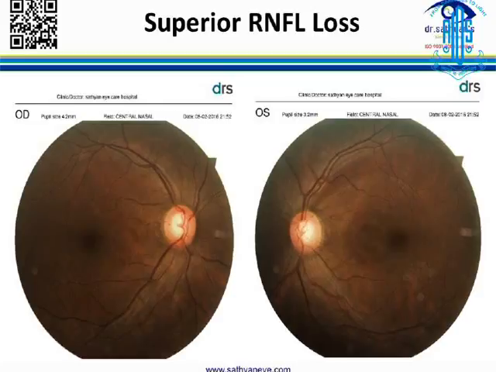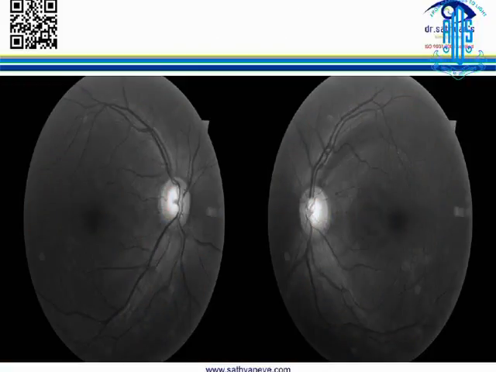You can see these beautiful pictures. And there's an RNFL loss here. I'm not able to see this and this both because both are tilted in a different angulation. Again, you can see the RNFL loss here with the inferior notching.